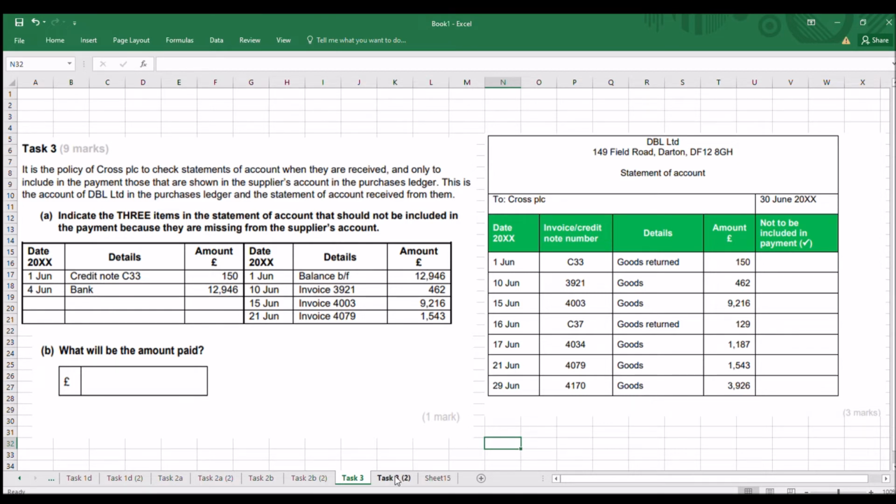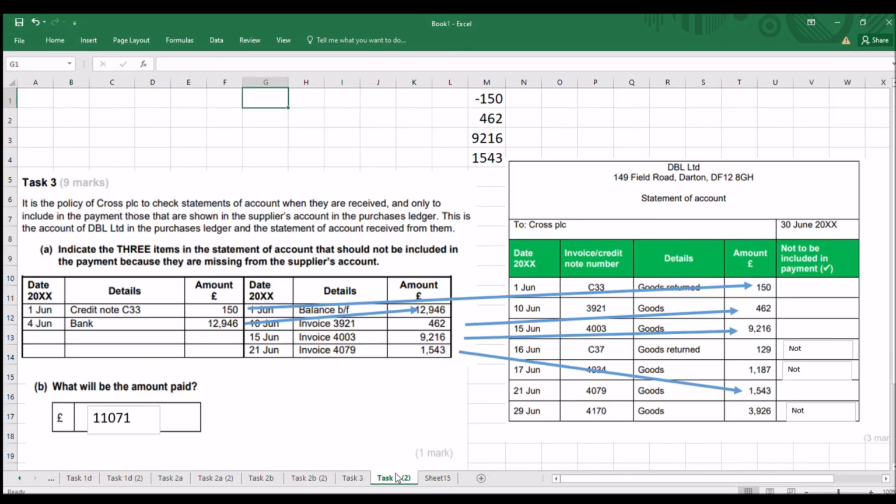Okay, so we've come to time now, and let's see what's going on here.